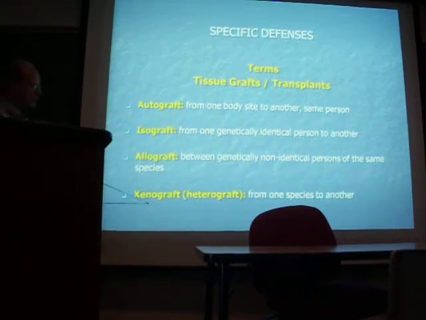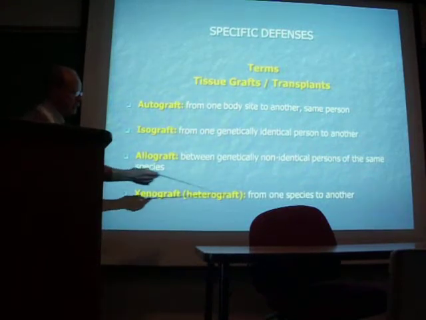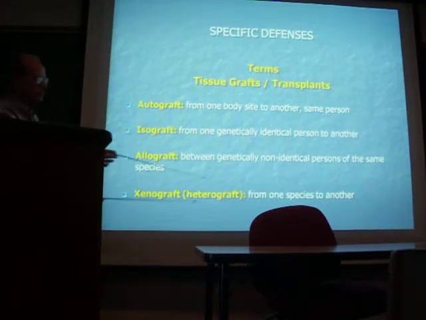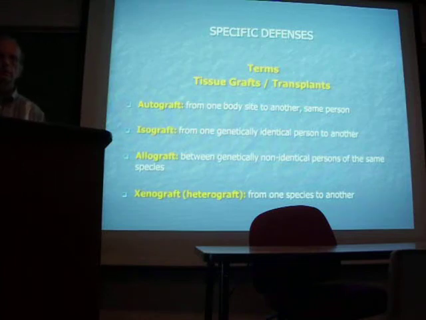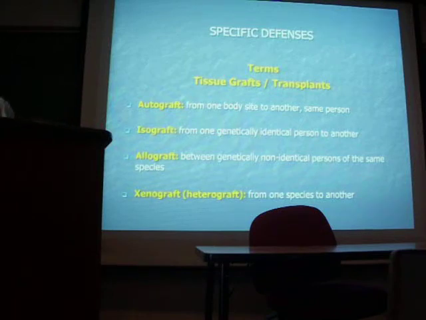A xenograft, otherwise known as a heterograft, is a tissue transfer from one species to another species. So back to our burn example, if you've got an extensive burn and you don't have a lot of tissue for autograft, you need to buy some time to clean up the wounds, but keep a wound covered to keep down infection and to prevent protein loss and prepare the wound for an autograft.